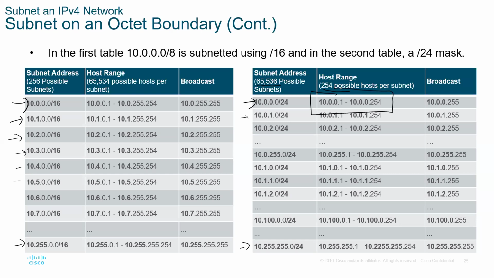Let me try to find an example where we can discuss the range of addresses that we are going to use. All right, let me put it this way. Let's use 10.0.0.0/8 and we move to a /16.